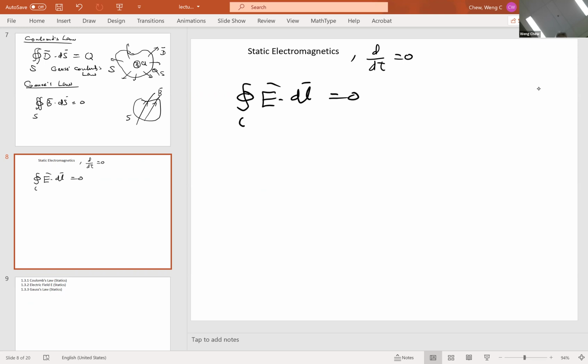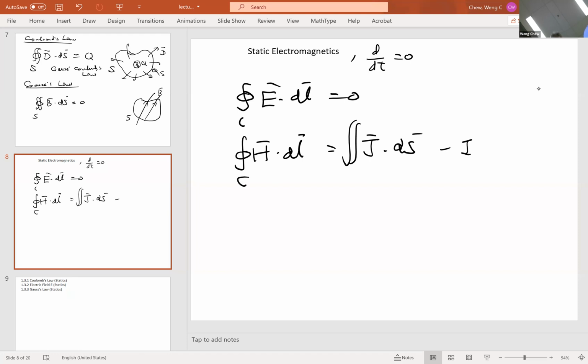And Ampere's law will just have one term on the right-hand side. It only involves the current integration, and this is the total current I.